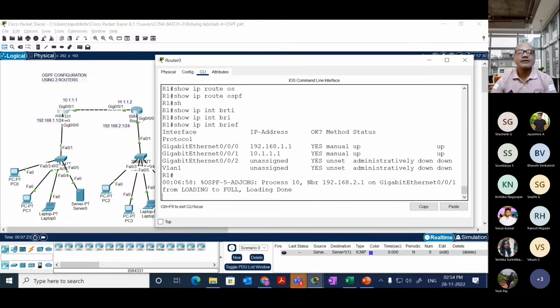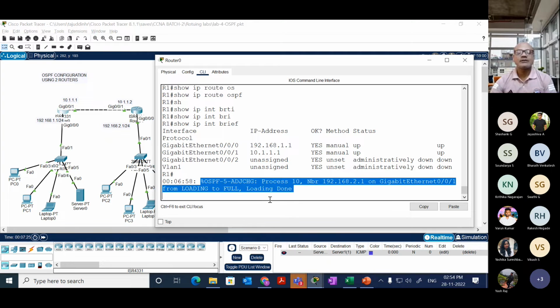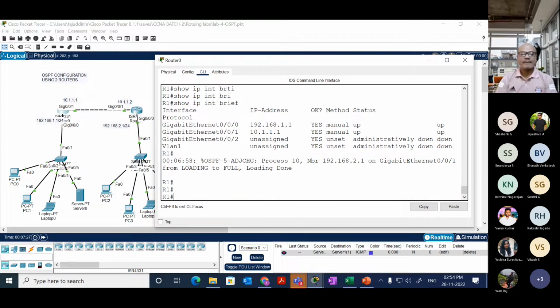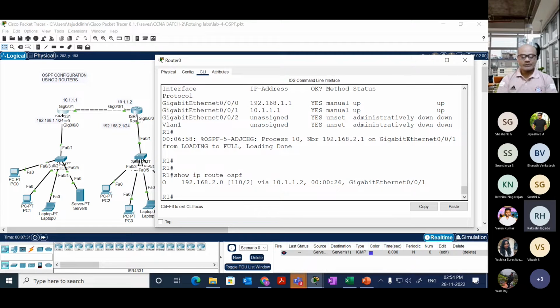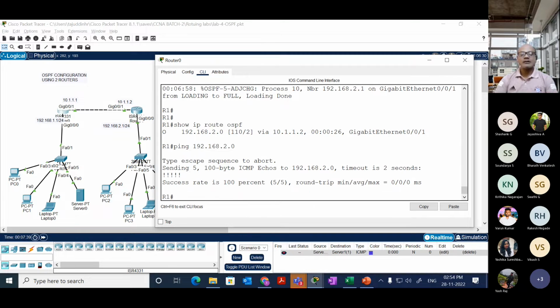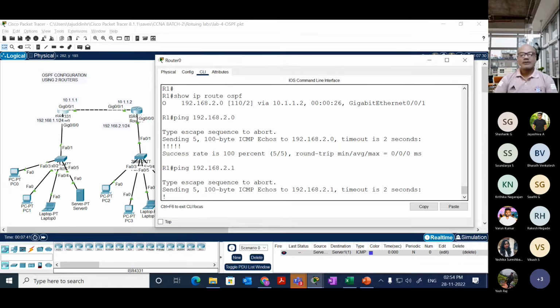Same thing if you check here. Show IP route OSPF. This guy also learned, so now we are able to reach the other side. The 192.168.2.0 network is pinging.